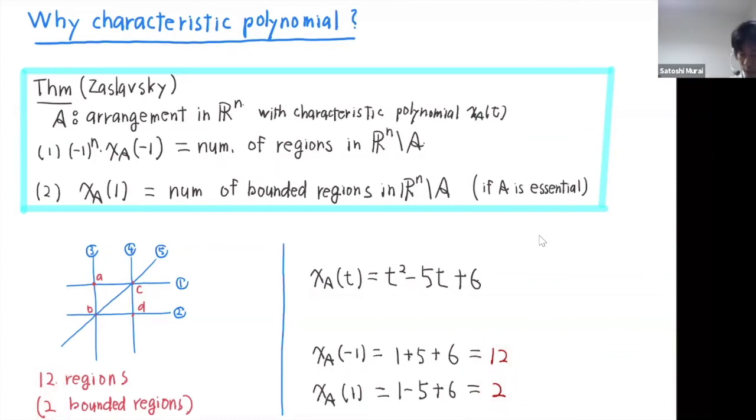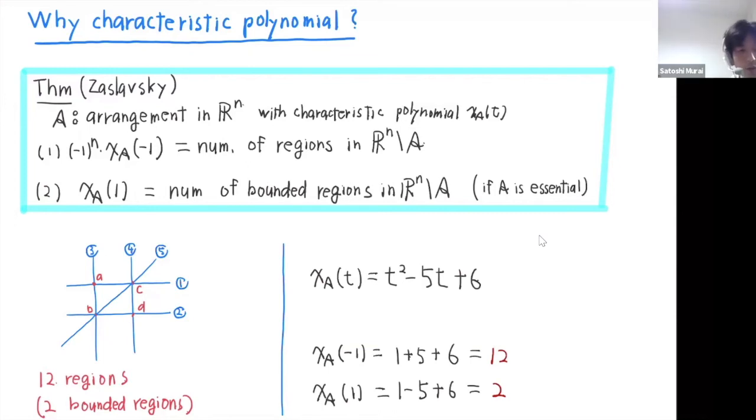So this is a somewhat surprising result. If we consider the characteristic polynomial and substitute t equal to 1 or -1, you get something very nice, very nice combinatorial information. And this is one very nice result about the characteristic polynomial.